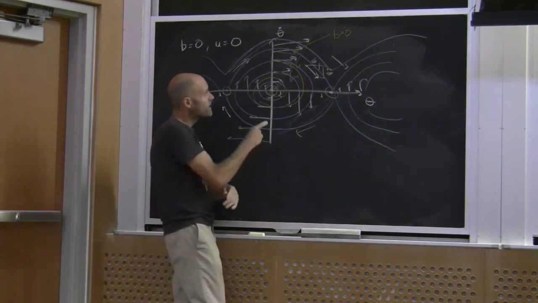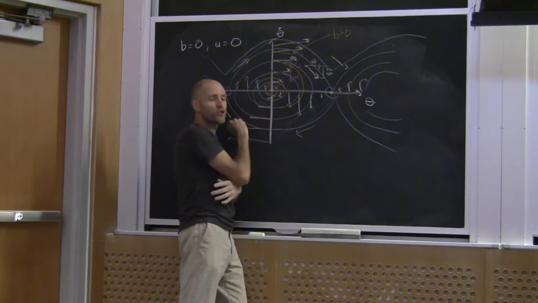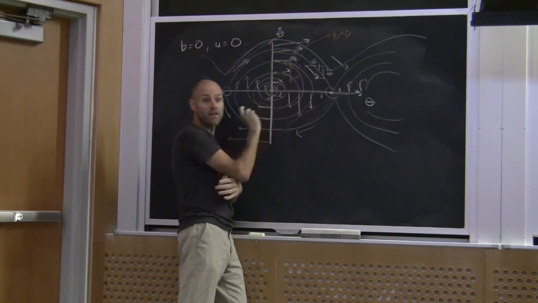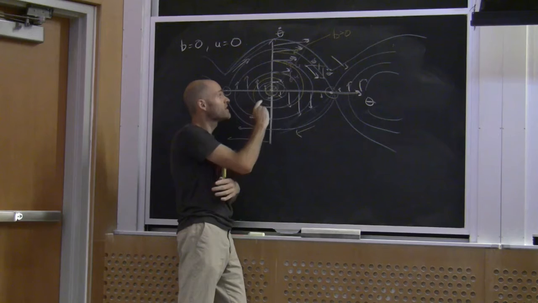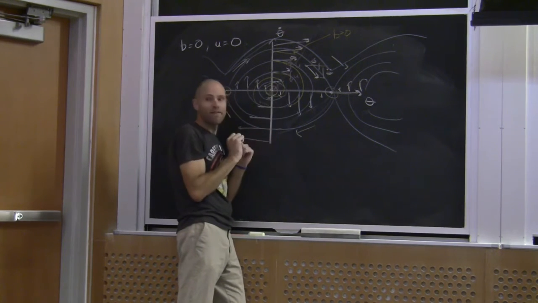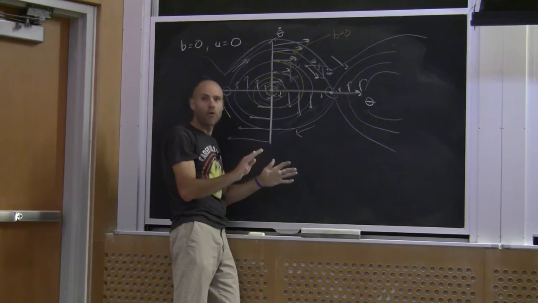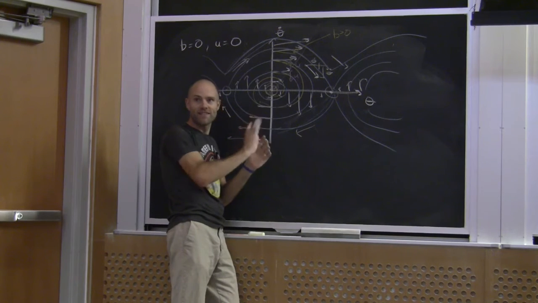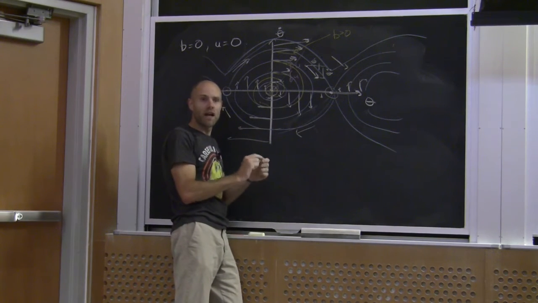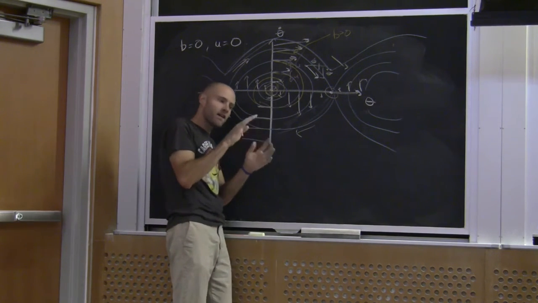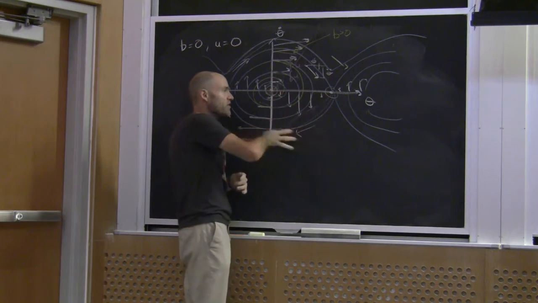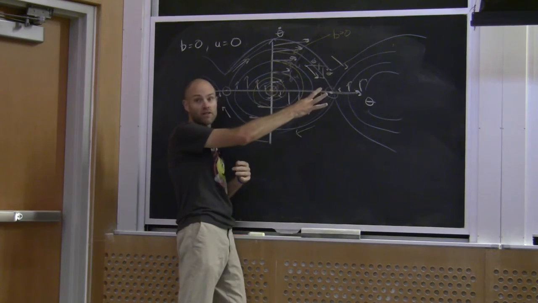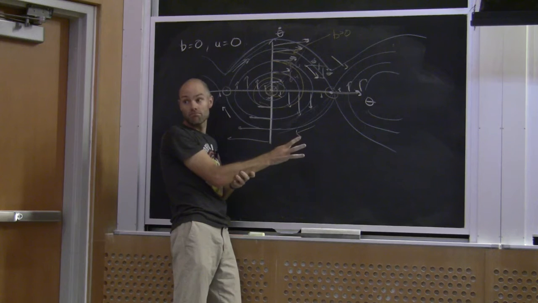The name of the game is going to be, how do I choose U as a function of position and velocity so that I can just tweak my vector field, not overpower it, not erase it and put my new one in. I just want to twist it a little bit to bend it so that all this flow goes to the place I want it to go. That's the name of the game.